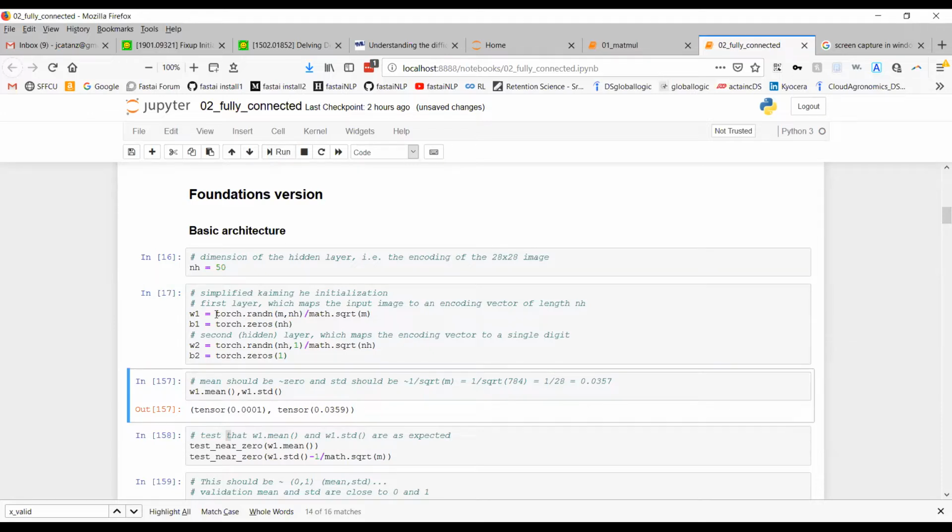Remember the weights are going to be an array of 784 by 50: 784 for the number of columns, the pixel data, and nh for the hidden layer. So we're initializing it to an array of 784 by 50, and then we divide by the square root of the number of rows.